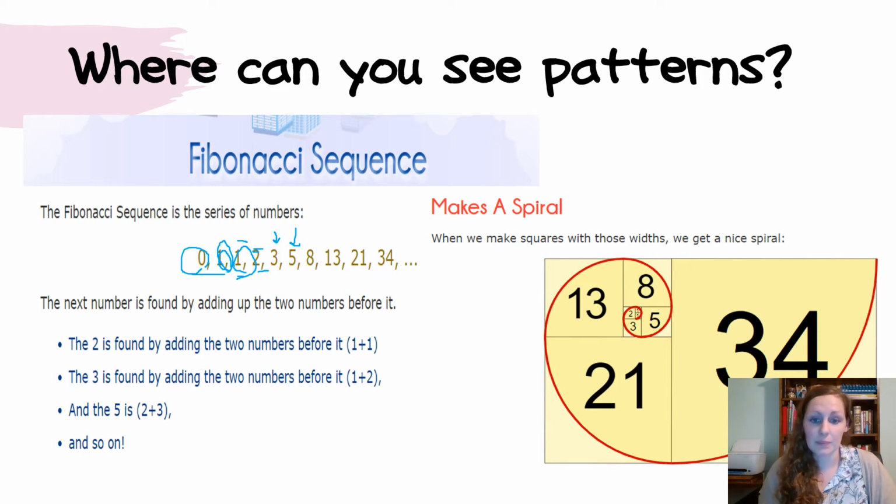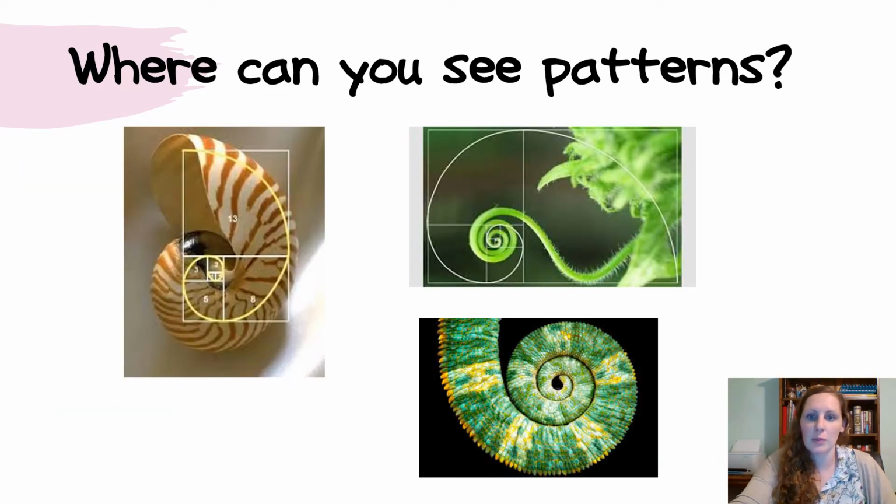Well, when we make square numbers from these, when we square the numbers, we end up getting a nice spiral. So we can see inside the spiral, where did my pointer go? It says 1 and 1, and then it's 2, then 3, then 5. The interesting thing is, this spiral is found throughout nature all the time, which I think is pretty cool.